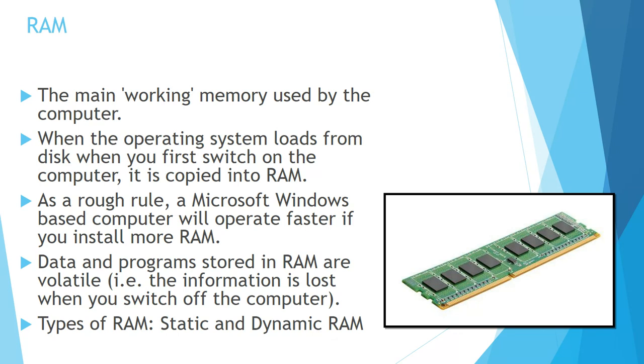Next we'll talk about random access memory, that is RAM. As the name indicates, it is a temporary or volatile memory, and it works randomly. Data which you give to your computer, or the data which is to be stored on the computer while a program is running, is all stored in RAM.